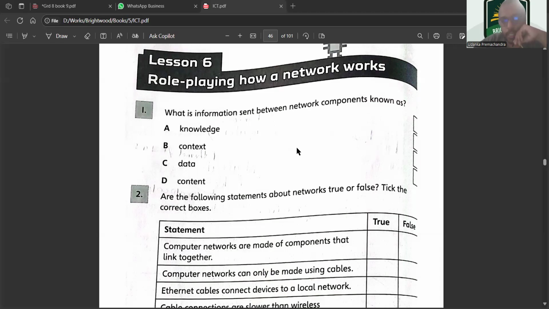What is the information sent between network components known as? What is the information? Knowledge, context, data, or content? Yes, try.